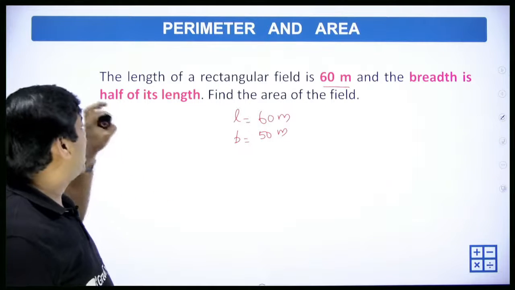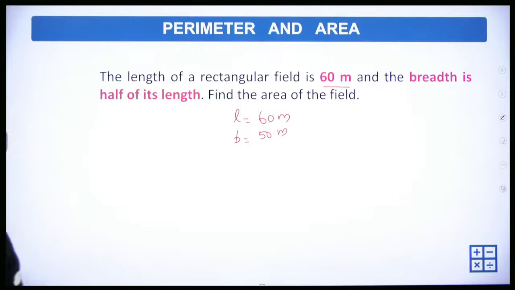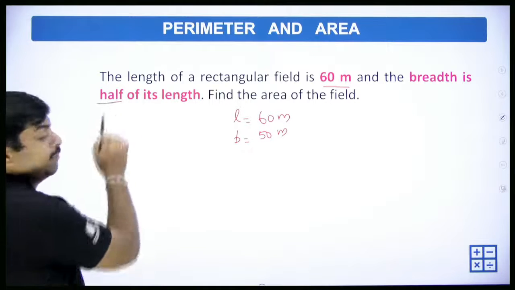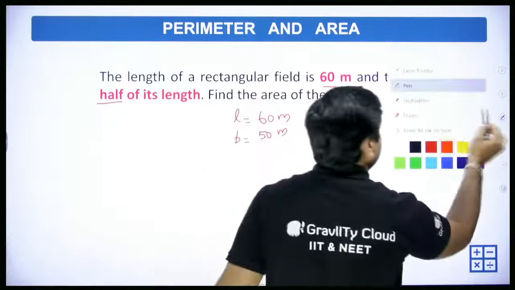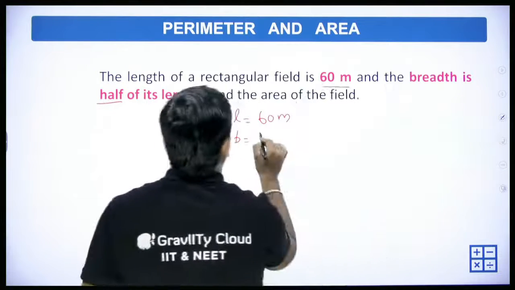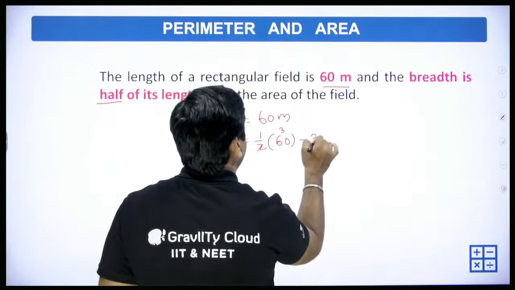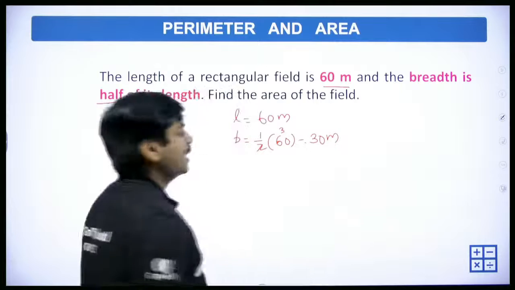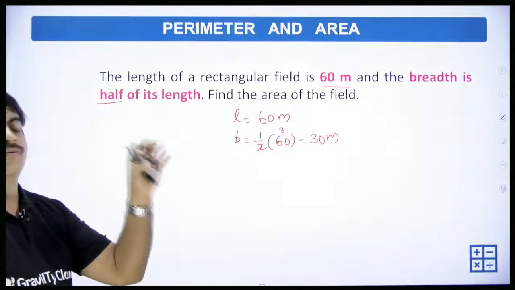Half means half of the length, which is half of 60. So that becomes 30 meters. Length is 60 meters and breadth is 30 meters. Find the area of the field.